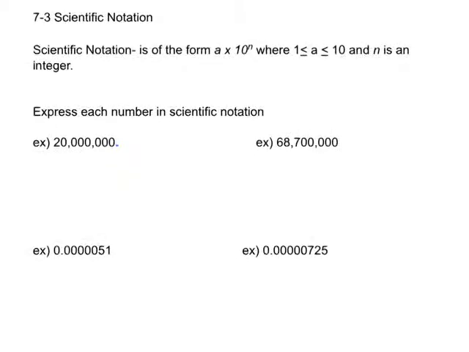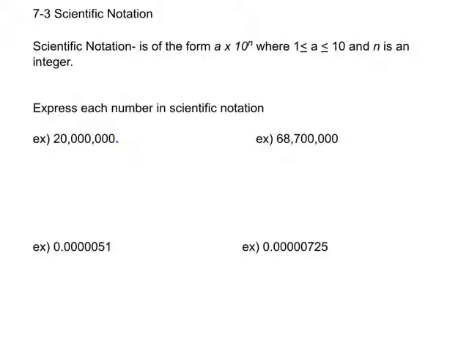So when I move my decimal over, I count the places I move it over: 1, 2, 3, 4, 5, 6, 7. I move 7 spots. So I have 2.0 times 10 to the 7th power, because I moved that decimal place 7 places.